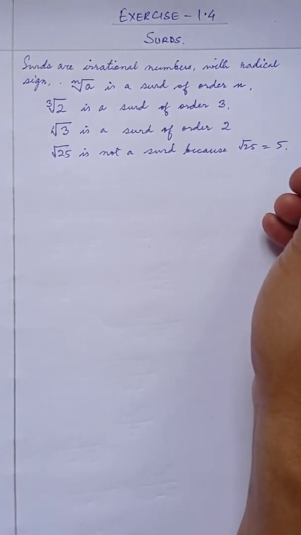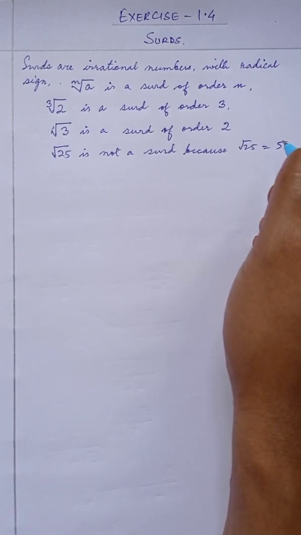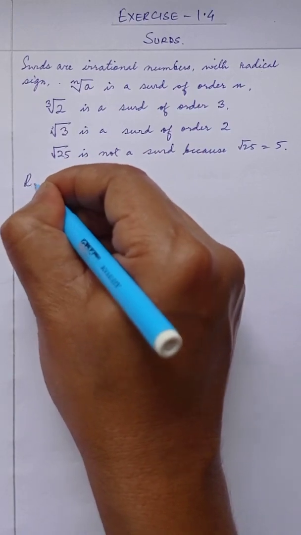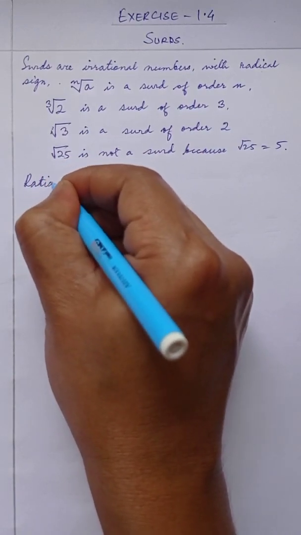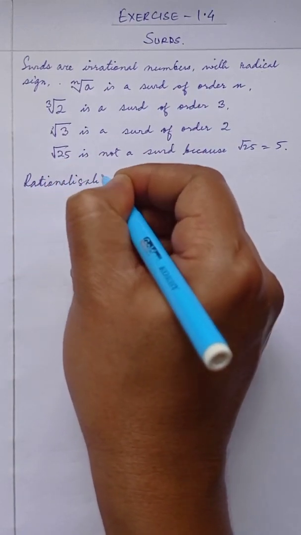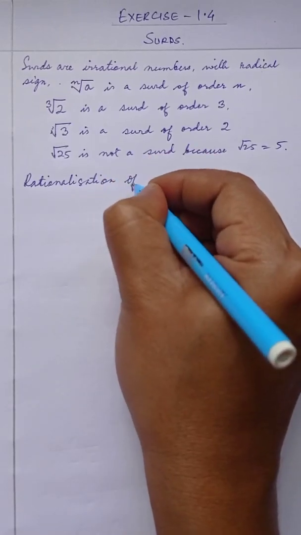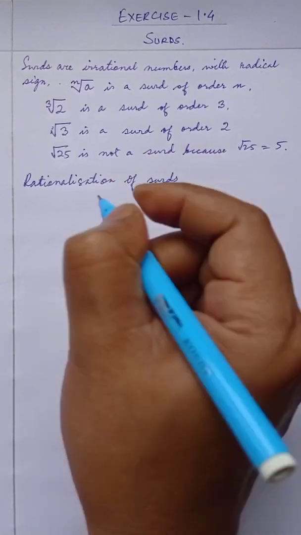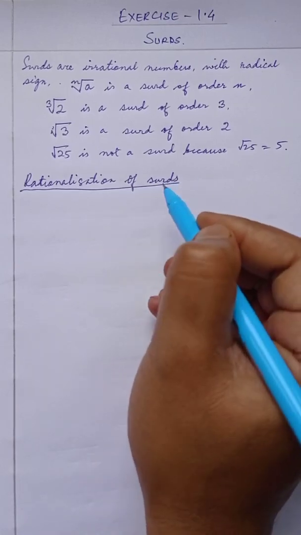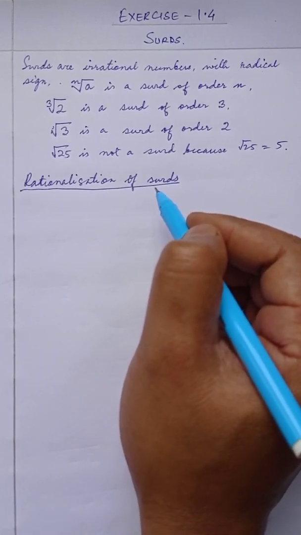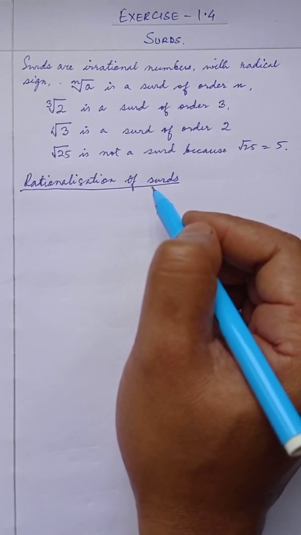Now, what we are going to do here is learn about rationalization of surds. So just suppose you have a surd, and if you change it into a rational number, then it is called rationalization.